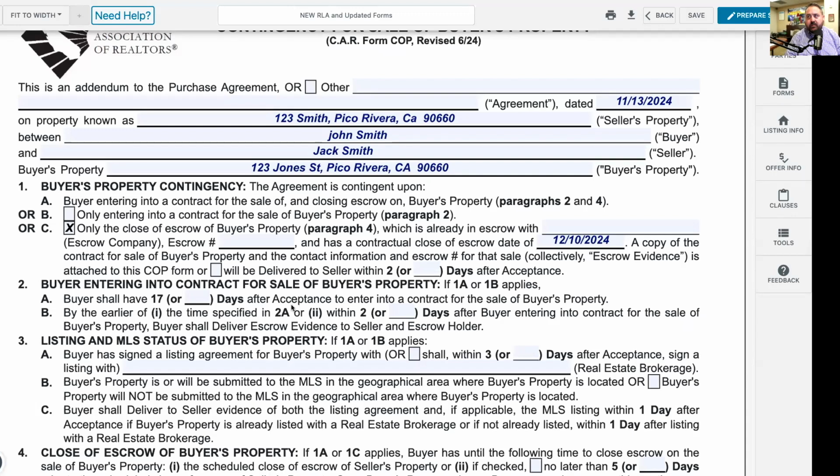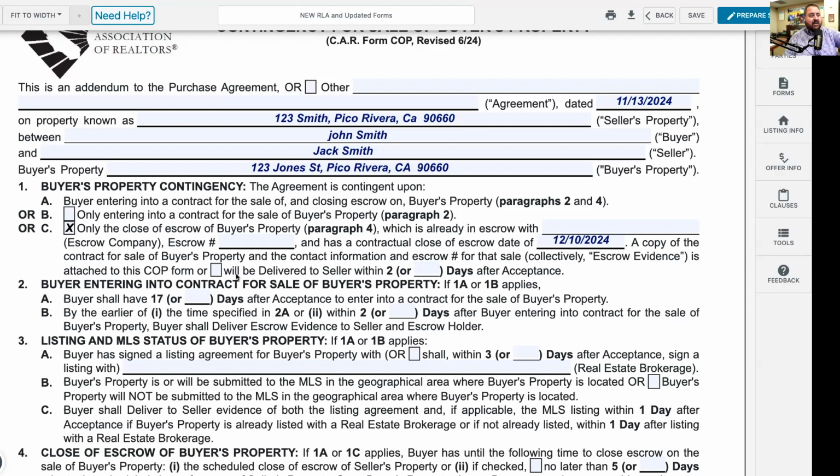The default terms of the contract are you have 17 days after you get this offer accepted to get into escrow with a buyer on your down leg. Okay. Then it says by the earlier of the time specified in 2A or within 2 days after buyer entering into the contract for the sale of the buyer's property, buyer shall deliver the evidence to seller of an escrow holder, right?